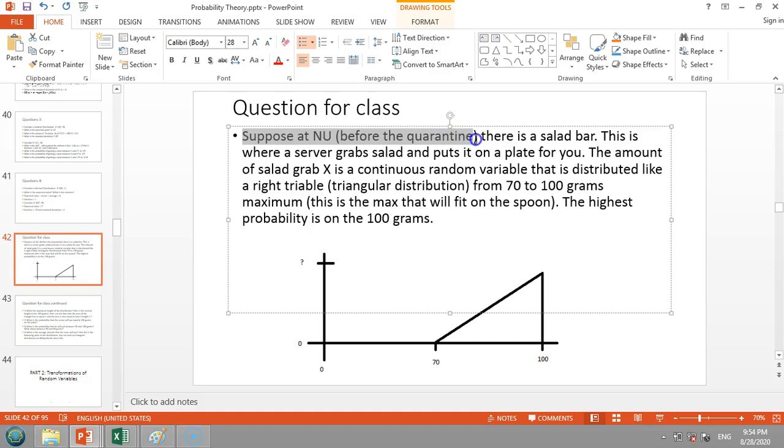before the quarantine, there is a salad bar. This is where a server grabs salad and puts it on a plate for you. The amount of salad grabbed, X, is a continuous random variable that is distributed like a right triangle.